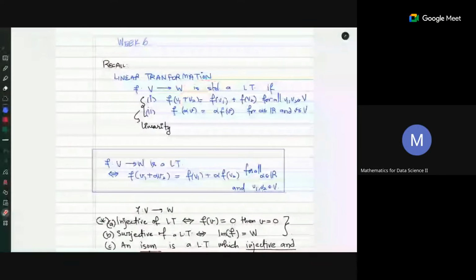A function is said to be a linear transform if it satisfies these two conditions. First condition is that it distributes over the addition of vectors, for all vectors in V. And if you take a scalar multiple of a vector, then the scalar comes out. These two properties together are called the linearity property of a linear transform. So whenever you need to check whether a given function is a linear transform or not, you need to verify these two.